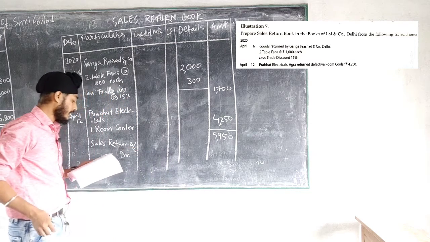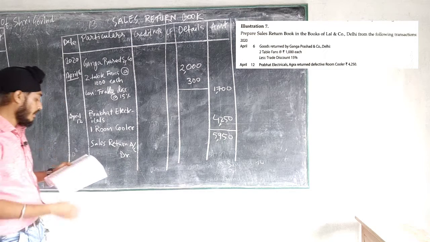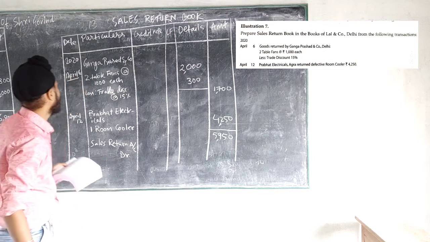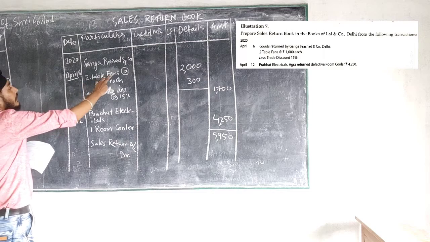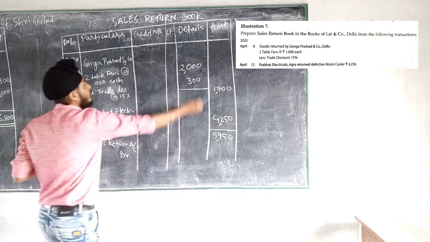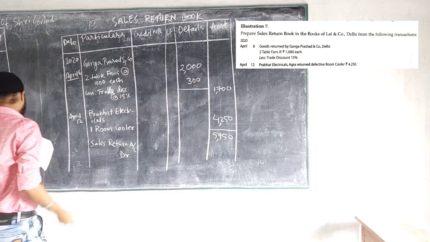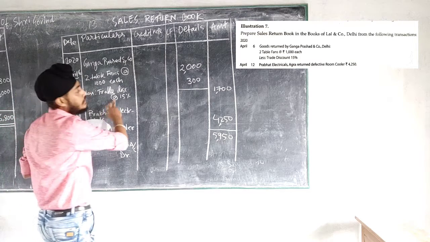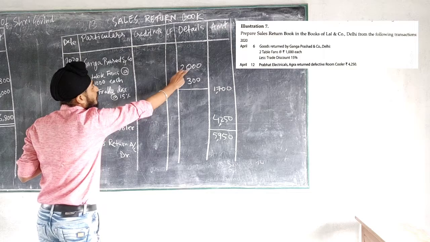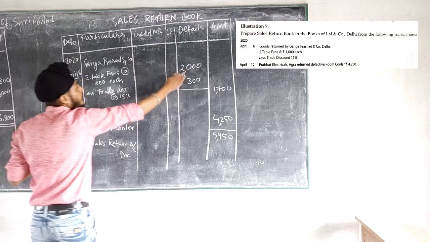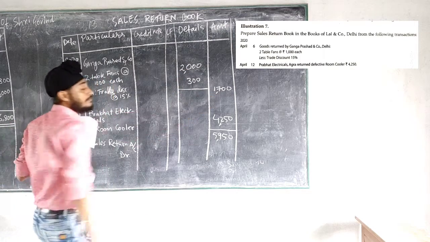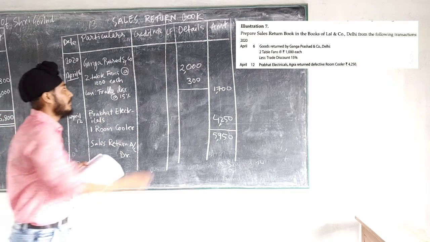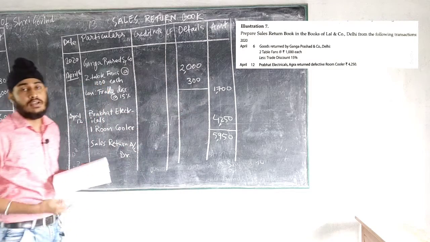Ganga Prasad has returned 2 table fans of 1000 each. So we'll write 2 table fans at the rate of 1000 each, and multiply to get 2000 in the details column. Then less trade discount of 15%. 15% of 2000 is 300, so we'll deduct it and put it in the outer amount column. When we deduct it, we get 1700.